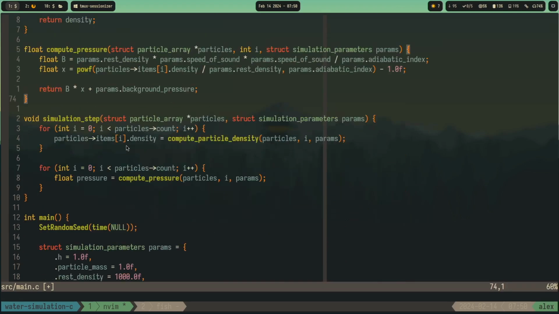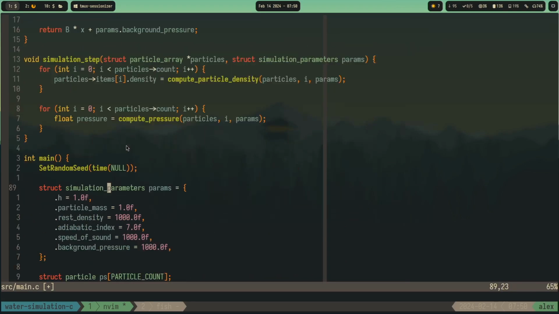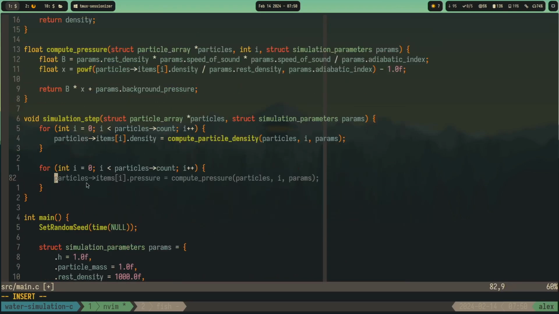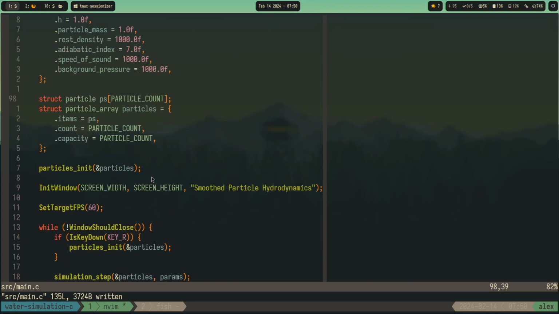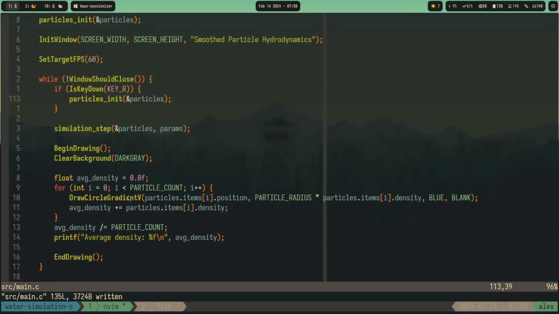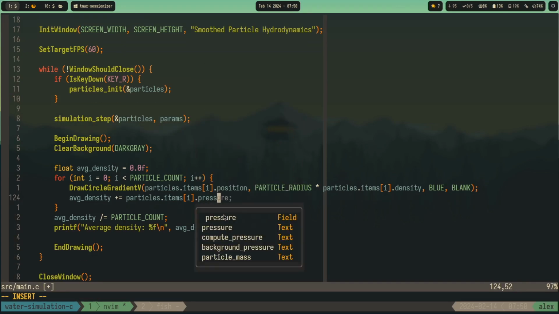Let's put the pressure there, so we can actually initialize the pressure like this. Yeah. Okay, let's put the pressure now.